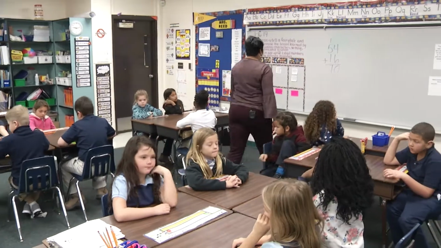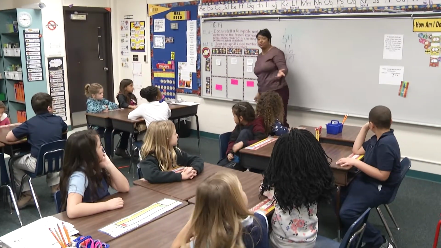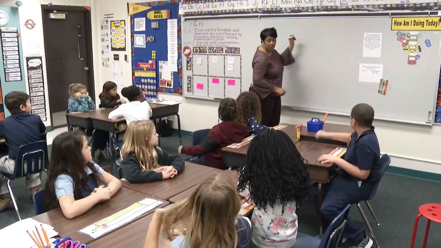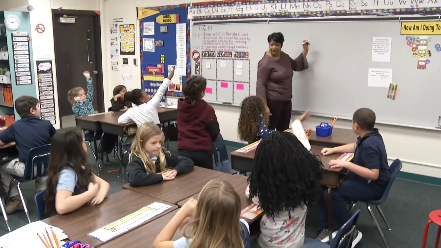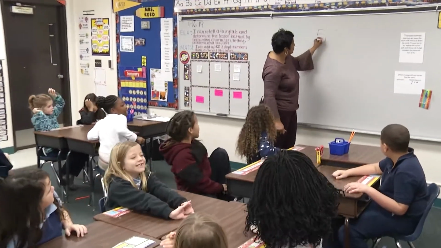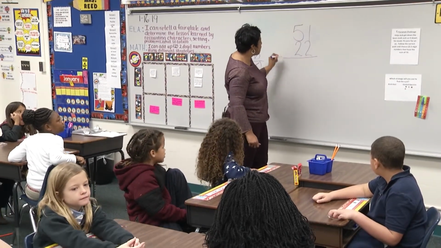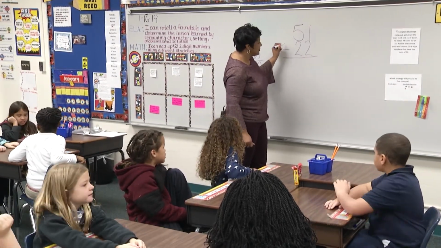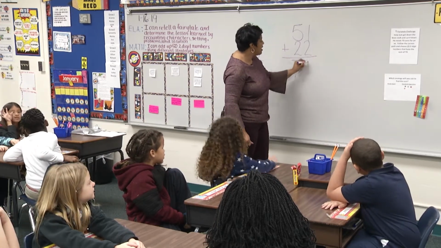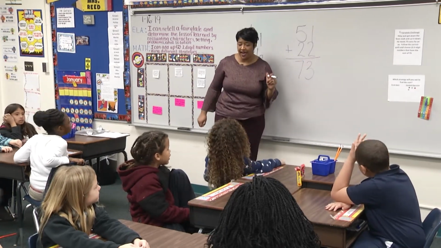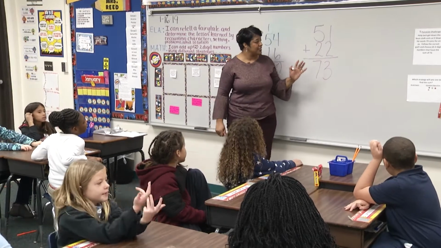1. I was looking around at every group, and you picked the numbers. What numbers did you pick? Say it. 51 and 22. Because we need to have a sum of what? 73. How many coins did Jack need to get an axe? 73.